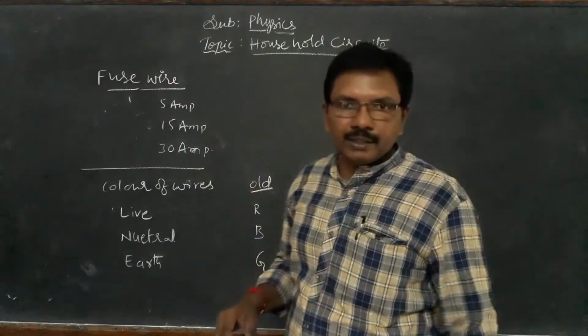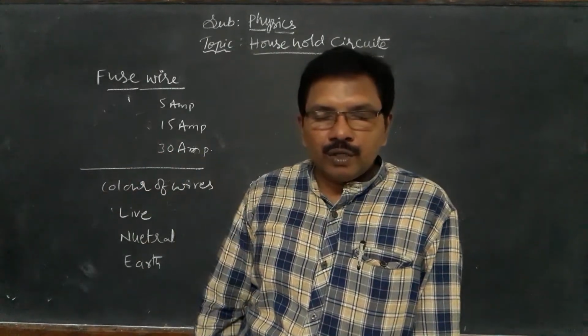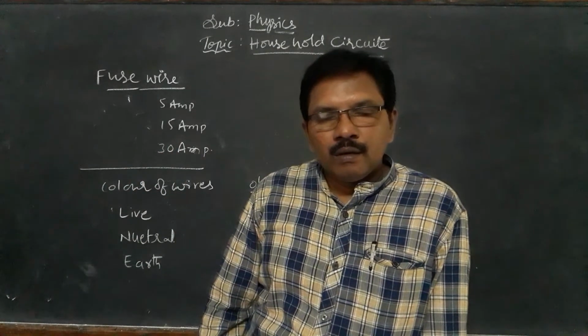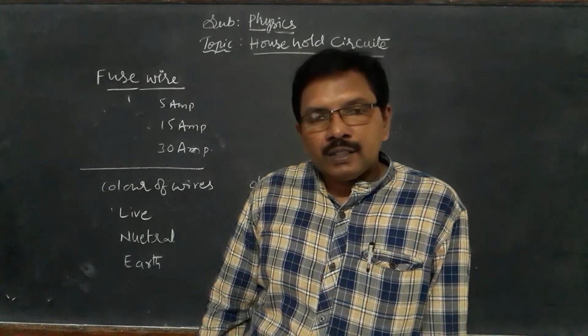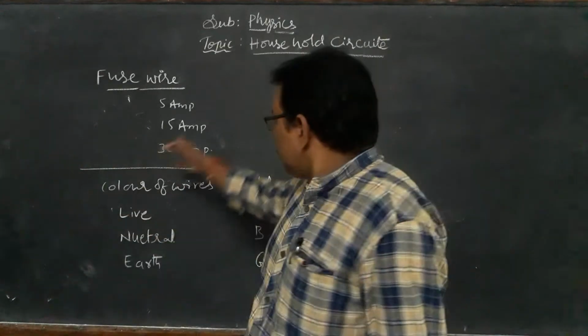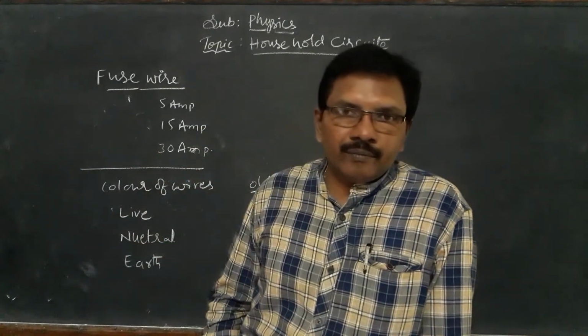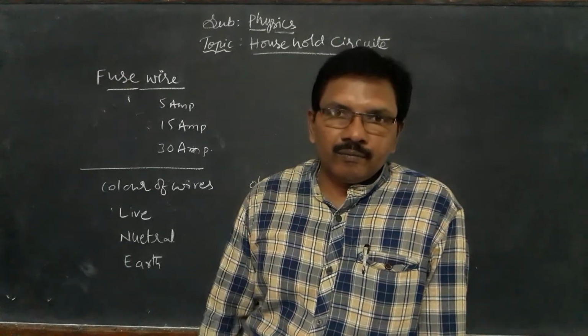What is 5 amperes? In our appliances that we use in daily life, like fan, bulb, fridge, cooler, different appliances need different wires, meaning the thickness is different. Why?